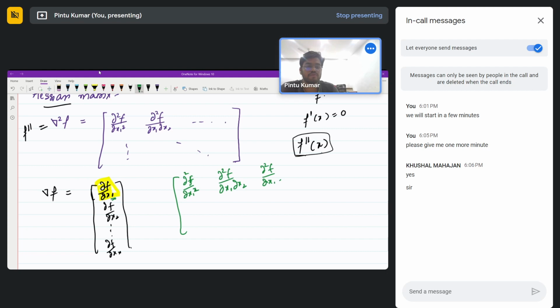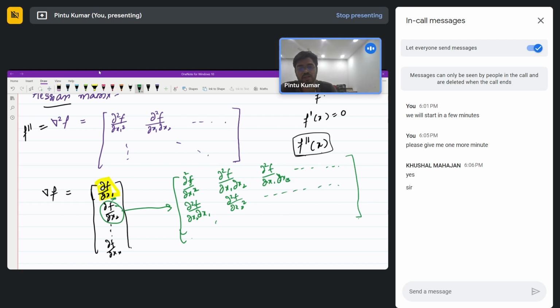Similarly, you have this and so on. Now for the second row, you look at the second element and take it here. So this will be del squared f by del x2 del x1, and this will be del squared f by del x2 squared, and so on. You can fill this up. This matrix is known as the Hessian matrix.